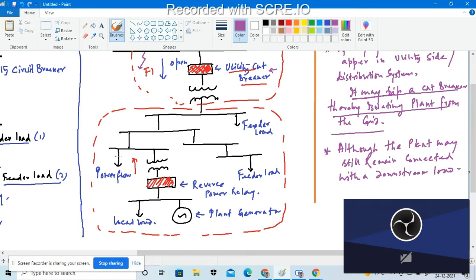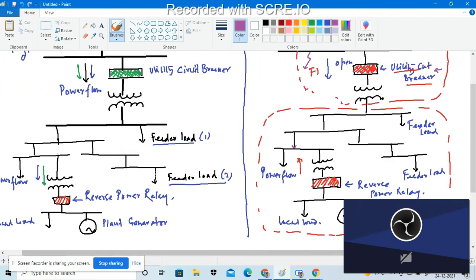All those feeder loads are considered as my downstream load.